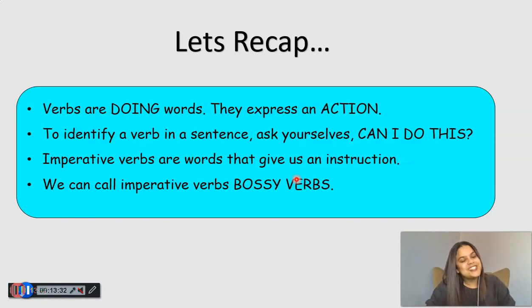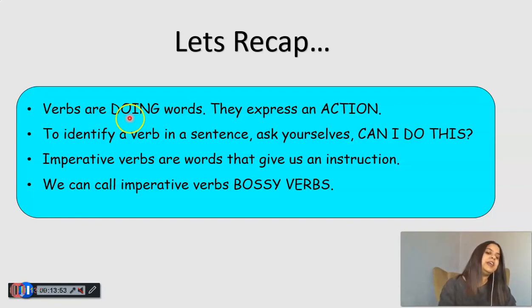Those are all words that express an action in a sentence. Very important to note is that a sentence will not make sense without a verb. So you need to remember that, grade 5s, because if you don't have a verb in your sentence, it's going to be a very odd sentence.